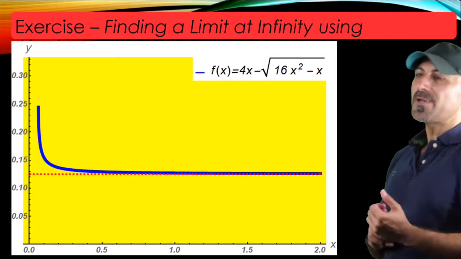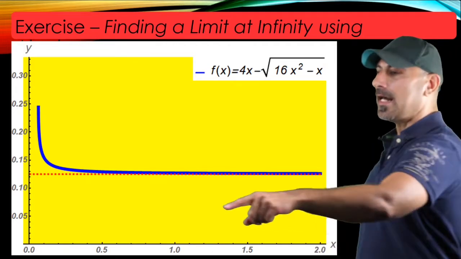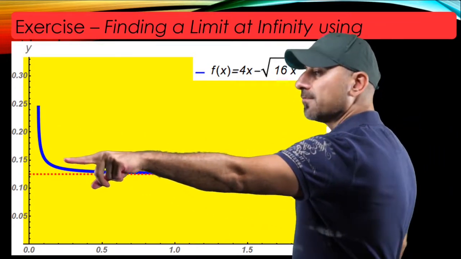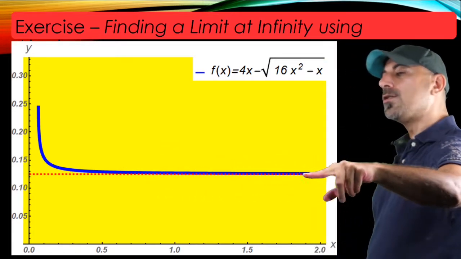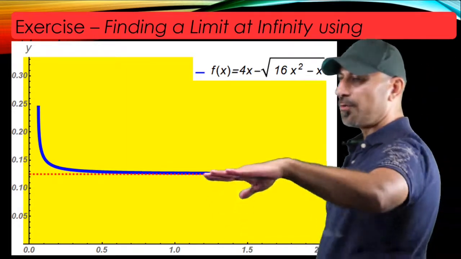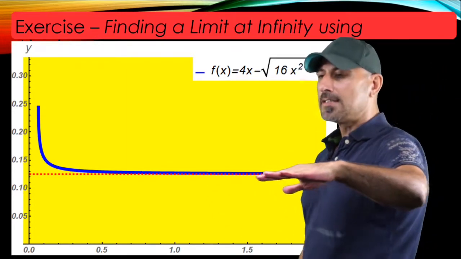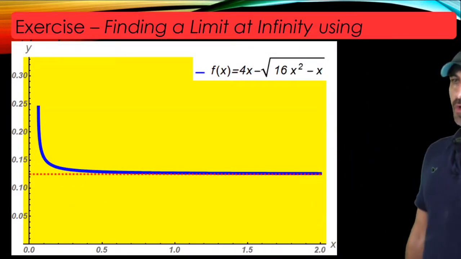All right, here's the graphical outlook of 4x minus radical 16x squared minus x. As x values approach infinity, the corresponding points on the blue curve are going to approach the limit value, which was found to be 1 over 8. So this red dashed line is the horizontal asymptote, y equals 1 over 8.